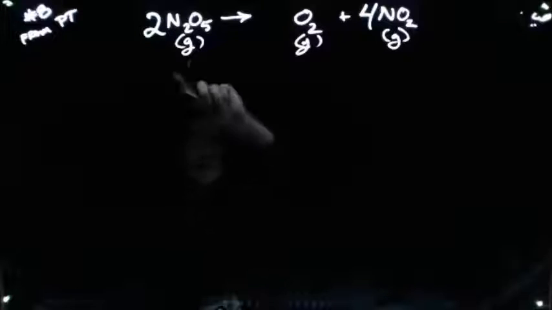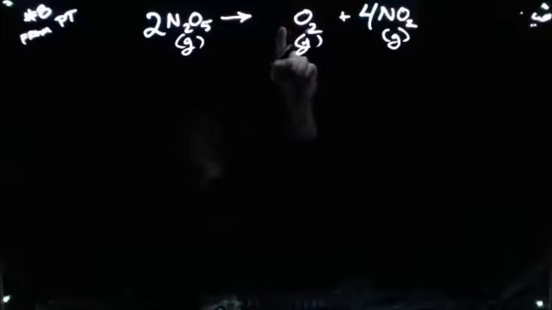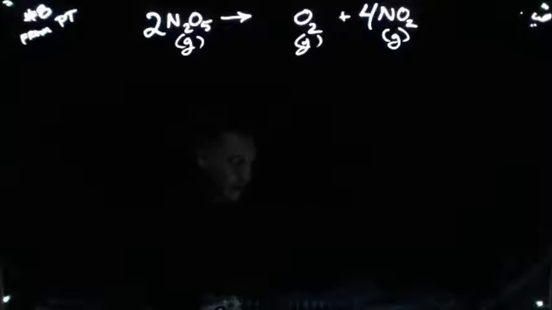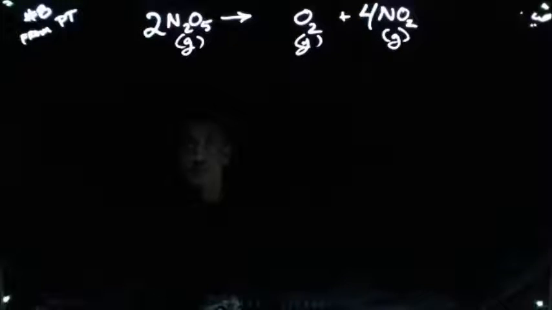Then that means I'm going to need 4. So 2 sets of 2 nitrogen, and this guy only has 1 nitrogen in it, so I'm going to need 4 of those to balance that out. And then this side, 2 sets of 5, so that's 10 oxygens. 4 sets of 2, that's 8, 9, 10. So the 2, the 1, and the 4, that is now balanced.